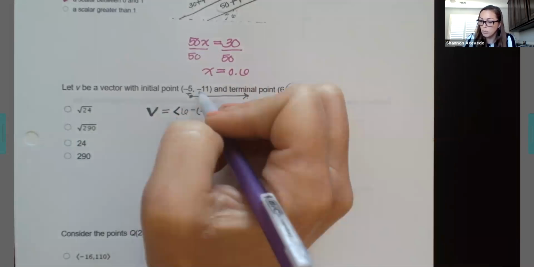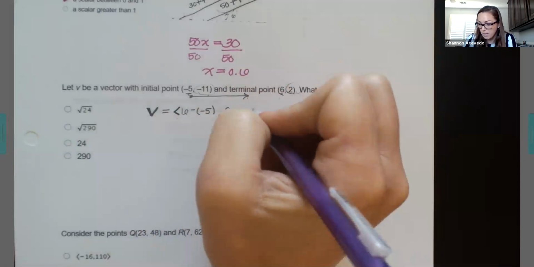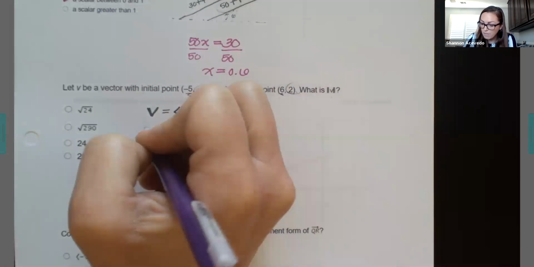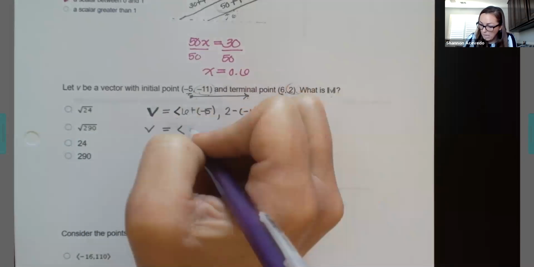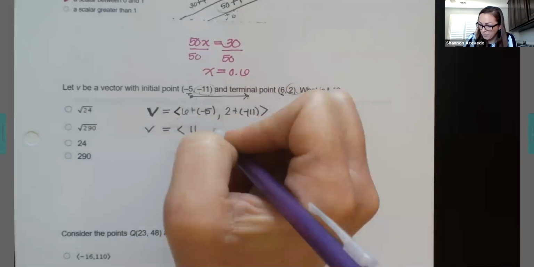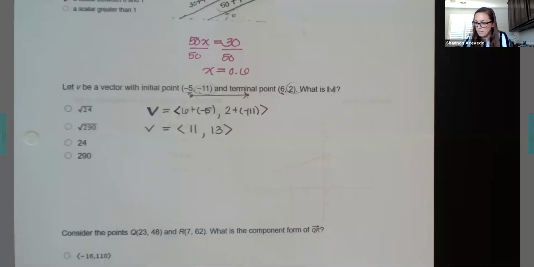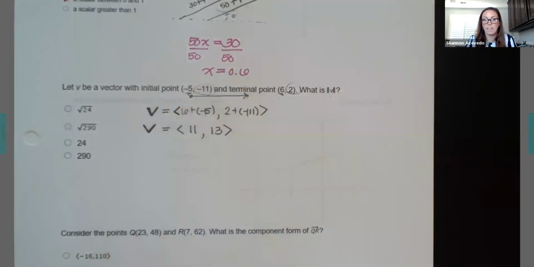So it's going to be 2 minus a -11. So my vector V is going to be a negative, and negative makes that a positive. So it's going to be 11 and a positive 13. So vector V is 11, 13.